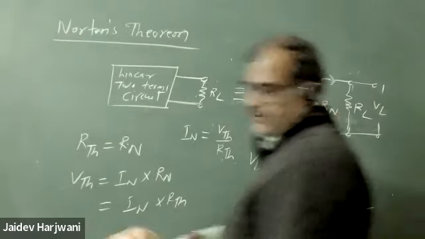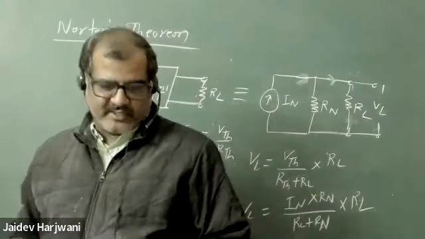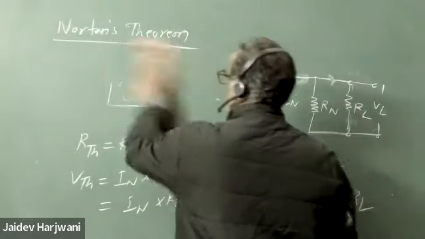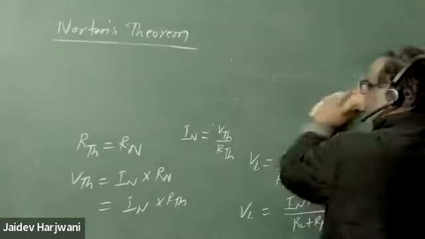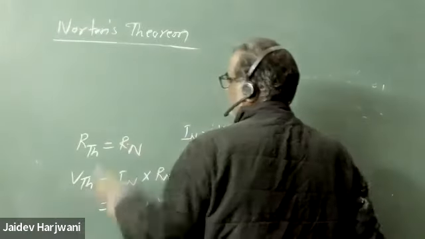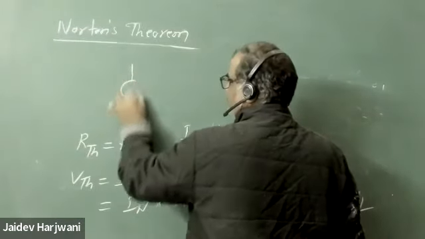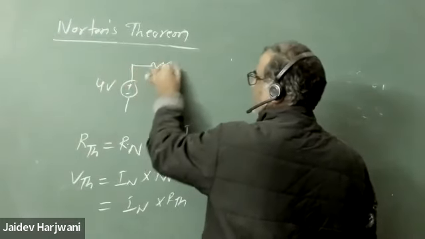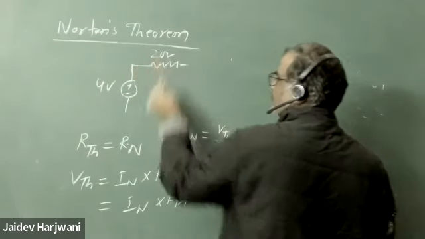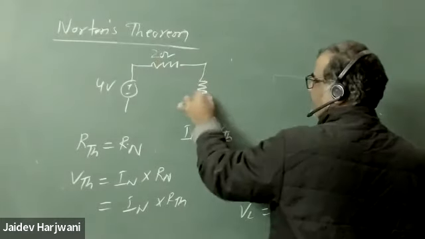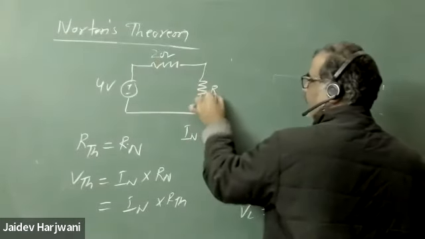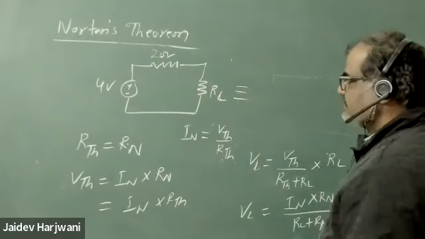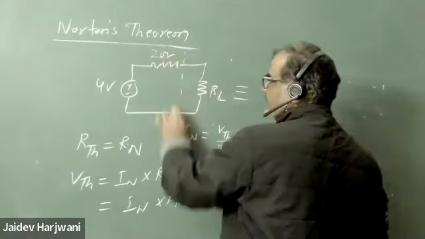This is called source transformation. Let me show you with an example. Suppose I have a voltage source of 4 volt, a resistance of 2 ohm, and a resistance RL. This is a Thevenin equivalent.